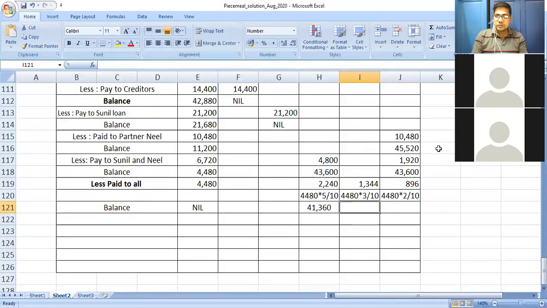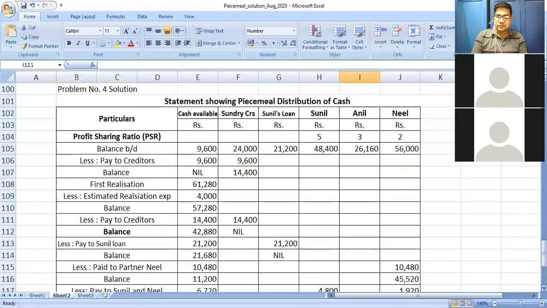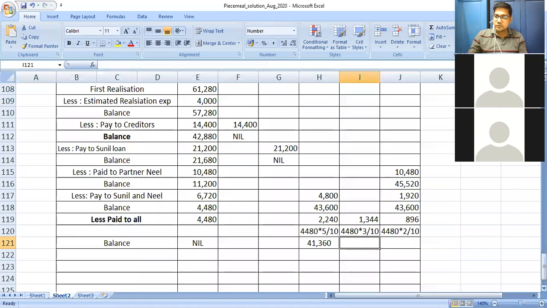Anil's capital was 26,160; 26,160 minus 1,344, remaining value 24,816.